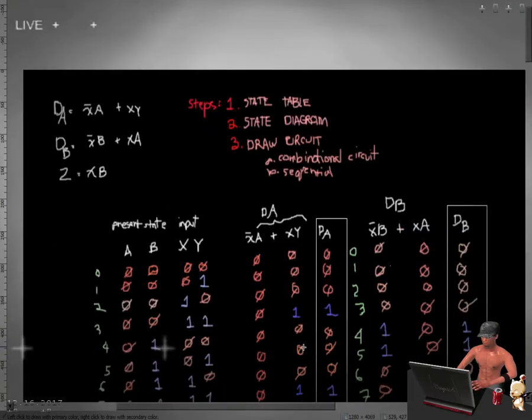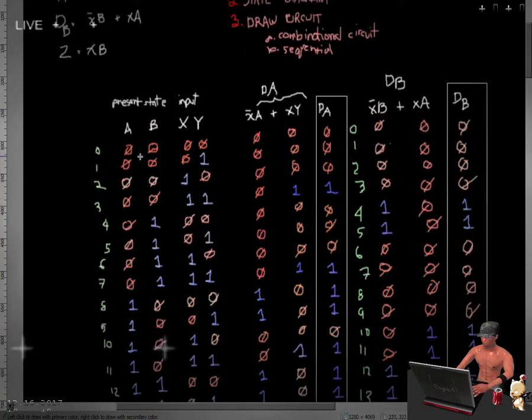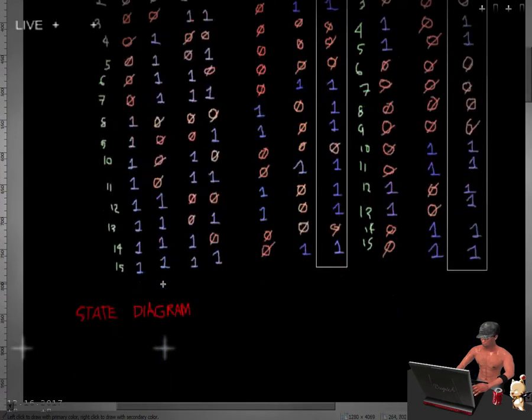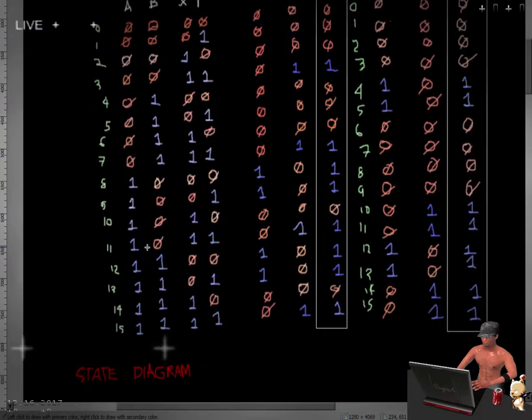Alright, here's a state diagram, and we have 2 inputs. That gives us 4 states. Actually no, we have the inputs X, Y. Since we have A and B, there's 2 flip-flops, and we'll only have 4 states.